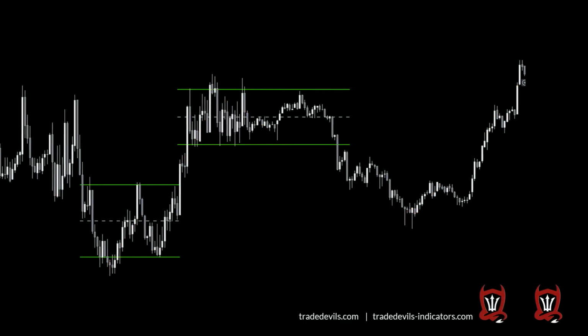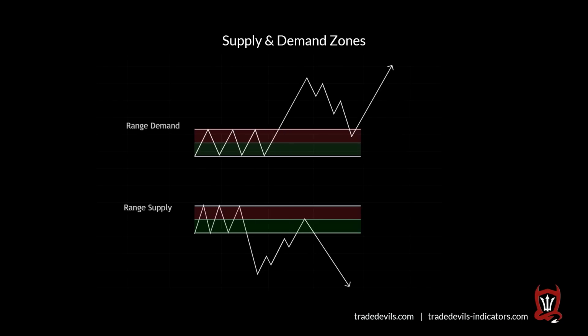Now, if we move on from that, we want to try and identify these little ranges here. Back to these little ranges here, because when we identify these, this is a way that we can establish potentially a place where we might look for a support or demand zone to be expressed in the market.